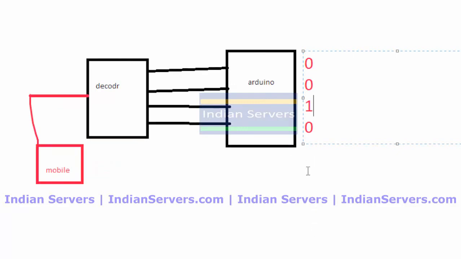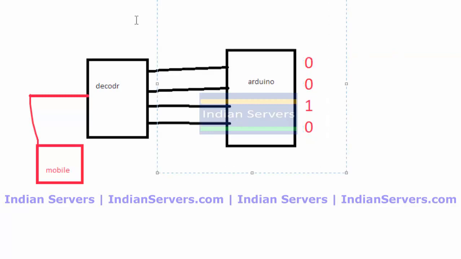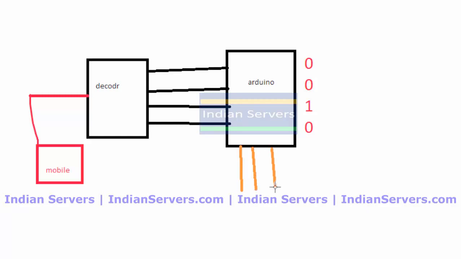So for that purpose we have to interface two motors. So to the same Arduino I'm going to interface two motors by using a driver, that is L293D. So this is the motor driver which helps to drive the motors.